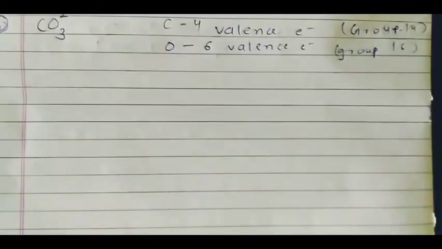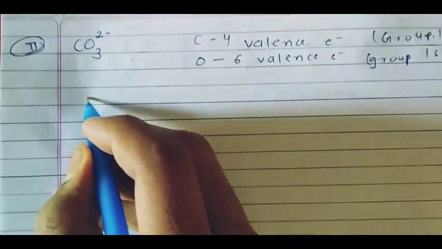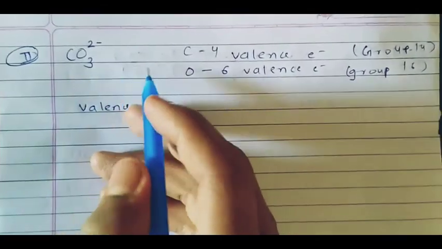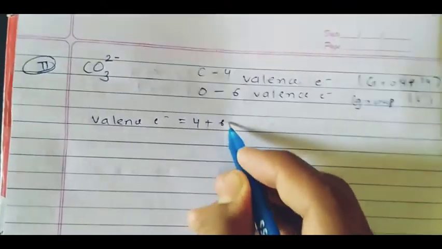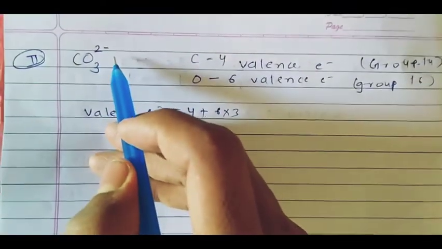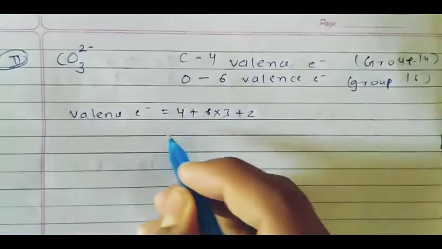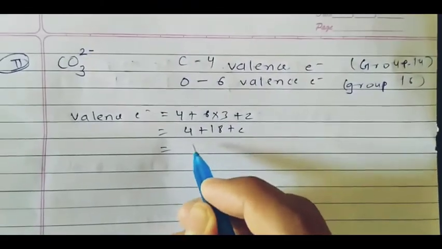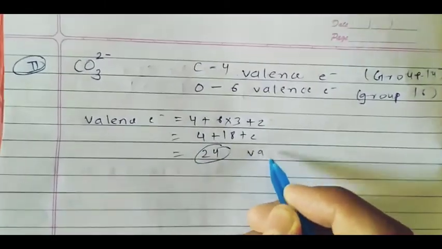Oxygen belongs to group 16, so its valence electron will be 6. So the valency of carbon is 4, plus oxygen, 6 into 3, but here 2 minus is also given. In terms of chemistry, when minus is given, we have to add. So 4 plus 18 plus 2, we get 24 valence electrons.